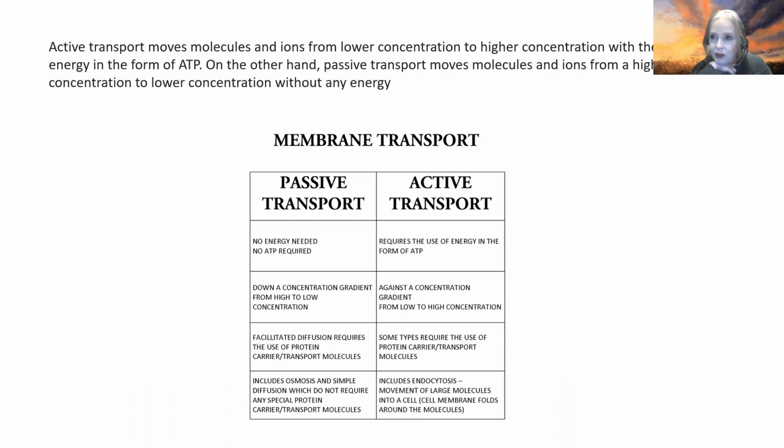Just if we can try and hit all or some of those points, that would be the HD level answer. Energy, concentration gradients, what's going on with transports and or carriers, and give me an example. Not that I'm marking your tests, but give us an example, I should say.